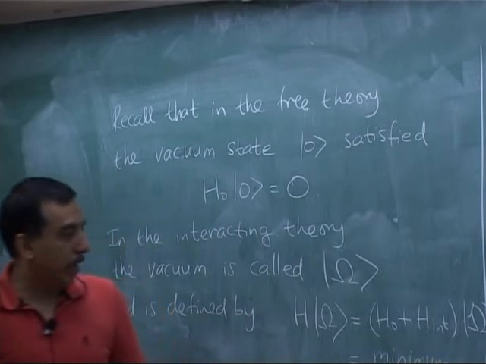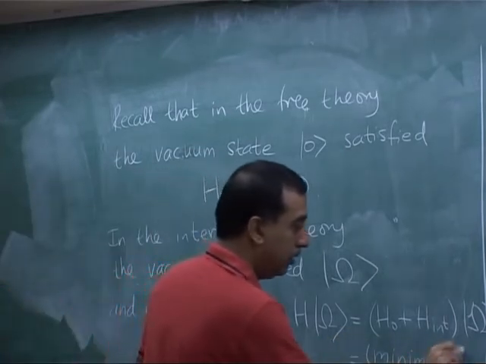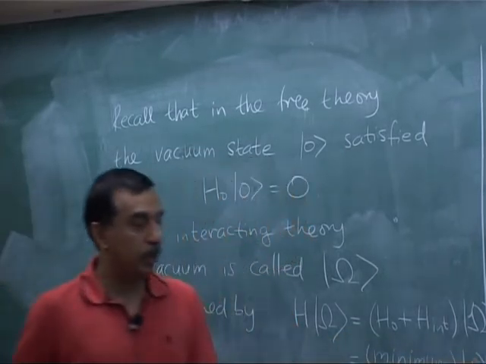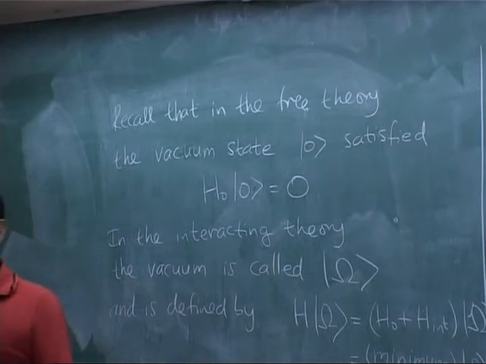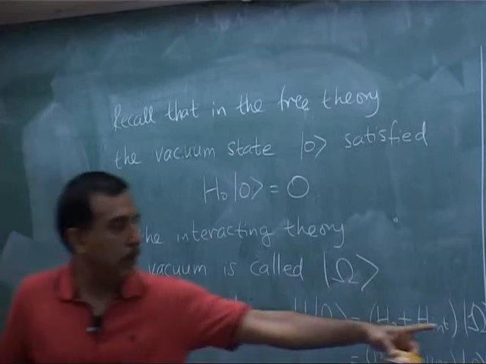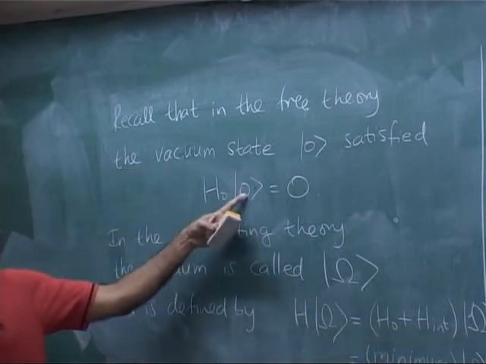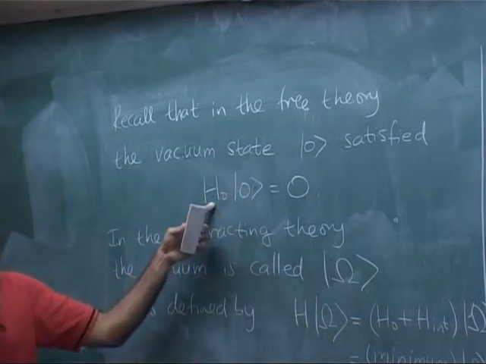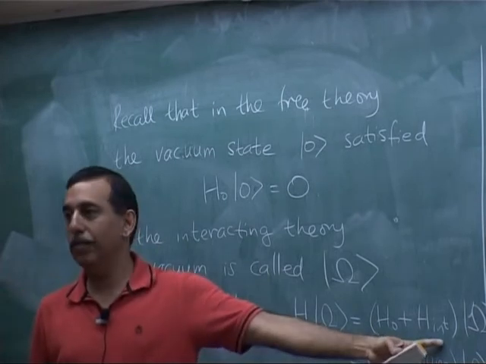Of course, it should be an eigenstate, so some minimum energy times omega. Right now we won't worry if that minimum energy is 0 or not. The point though is that the defining equations for this and for |0> are different. This is defined in terms of H0 and this is defined in terms of the full H.